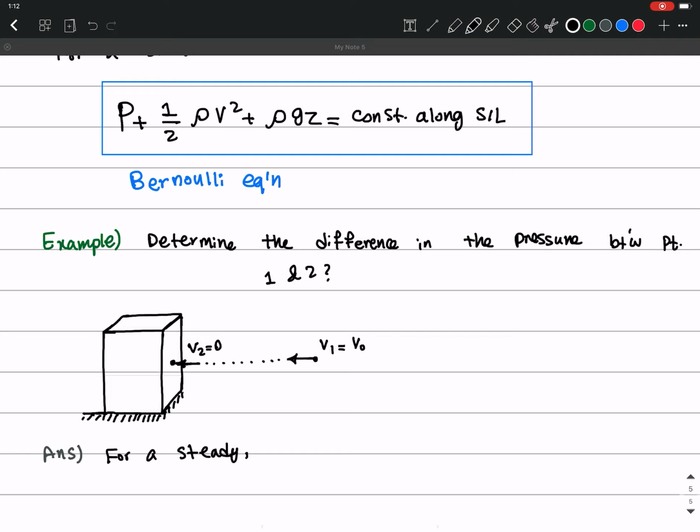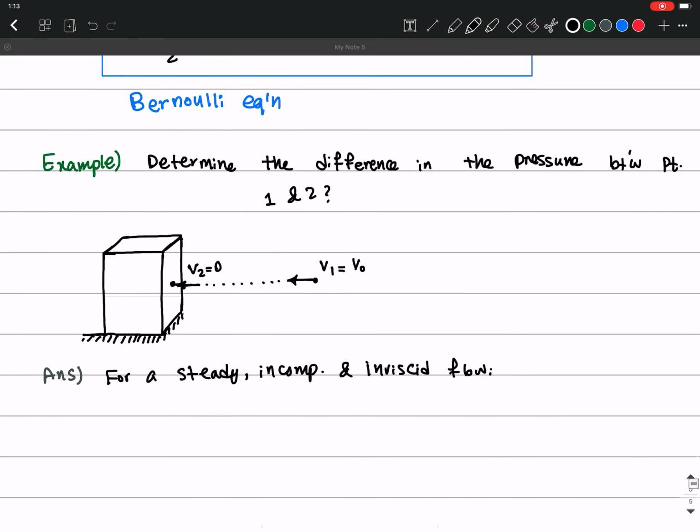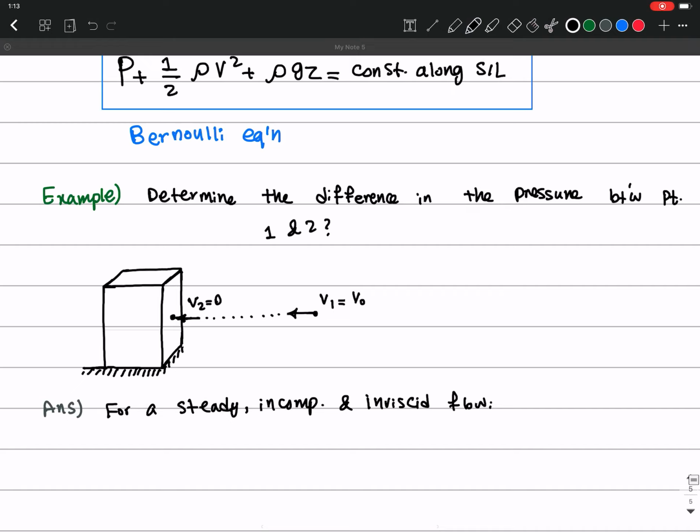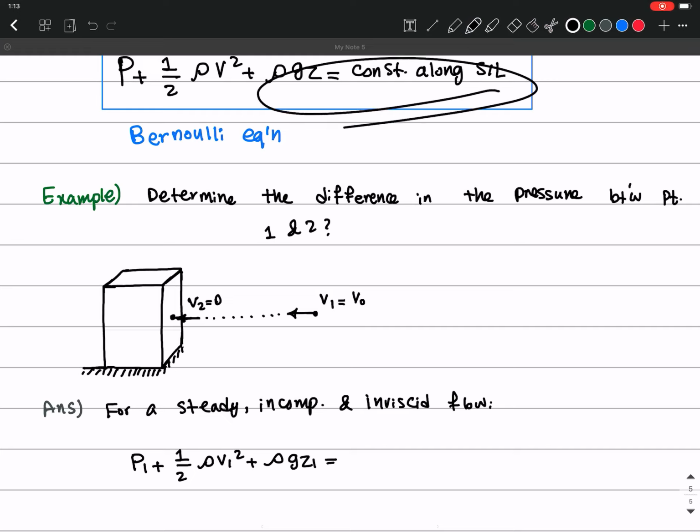For a steady, incompressible, and inviscid flow, we can write the Bernoulli equation between these 2 points as P1 plus 1/2 rho V1 square plus rho GZ1 equals a constant along the streamline, right?